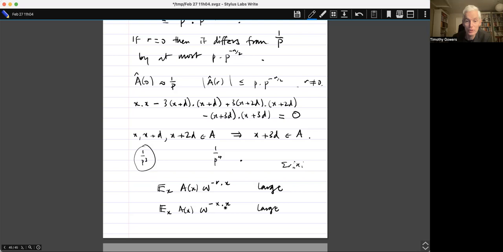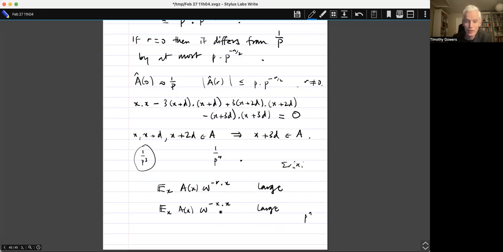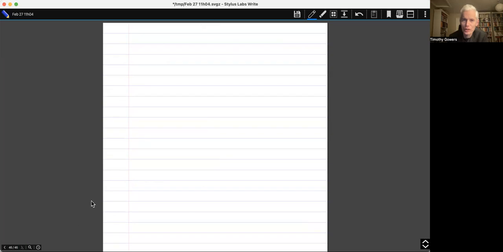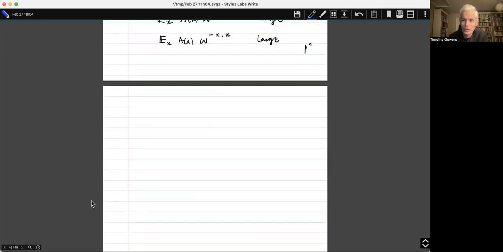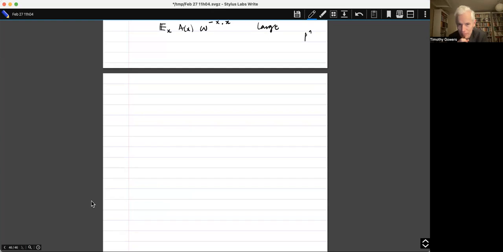One very simple reason is that there are too many of them. There are more than p to the n of them. But there are other reasons, like the notion of rank: if the quadratic form has low rank, then they're not orthogonal to each other, and they won't even be approximately orthogonal. So there are all sorts of complications that come in. So we've got to do something much less obvious in order to identify the quadratic functions that arise.